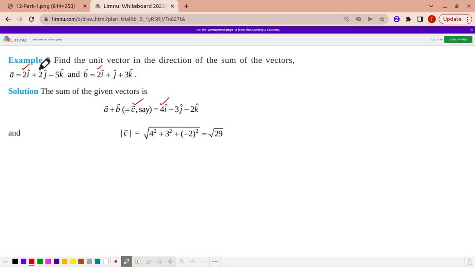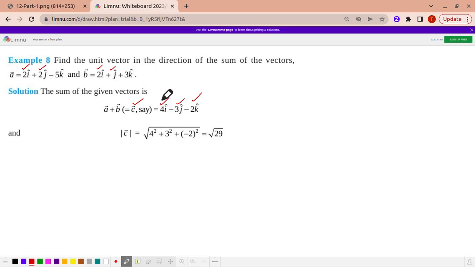Similarly, the j component of the vector a is 2 plus the j component of the vector b is 1, 2 plus 1, that is 3 j cap, and minus 5 k cap plus 3 k cap, minus 5 plus 3, that is minus 2 k cap. And after that we can find the magnitude, because that was the question. We need to find mod c, and after that find the unit vector in the direction. As simple as that.